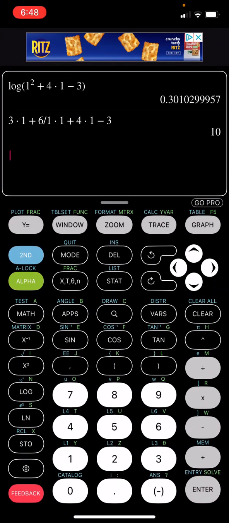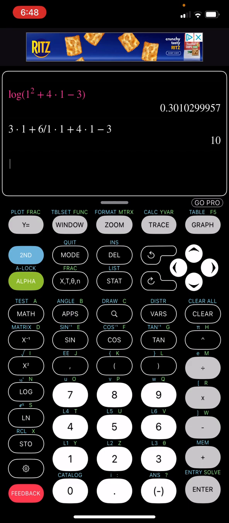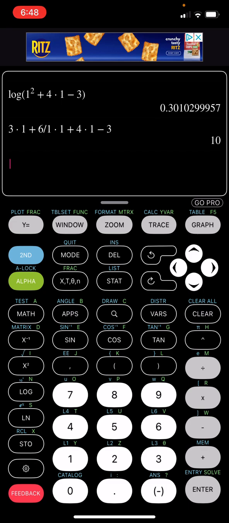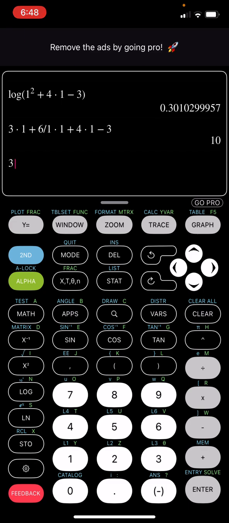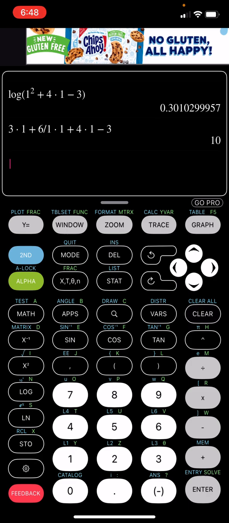I don't think we can relate to each other. You can't copy it. I need to do 3 over 2 log.